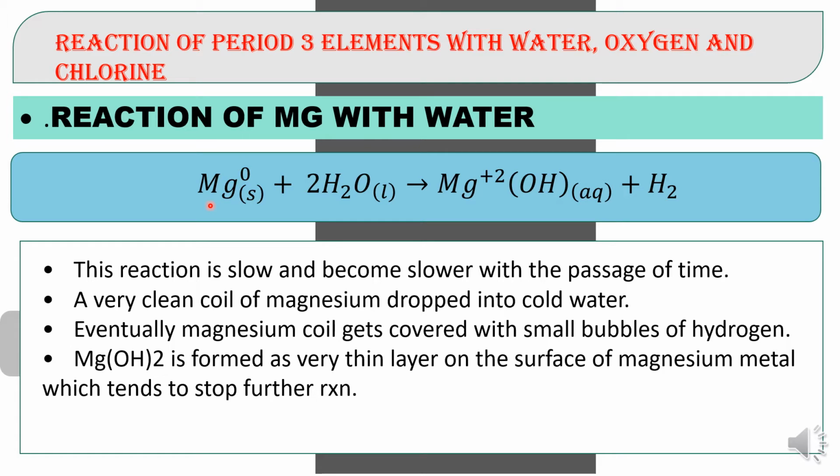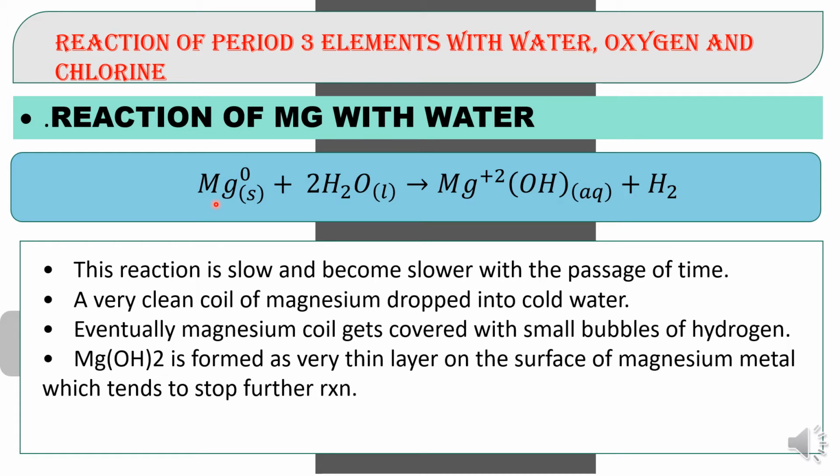As I told you that magnesium metallic character is lower than that of sodium, it means that magnesium loses electron very weakly. Sodium loses electron quickly, and magnesium loses electron from its valence shell very slowly. So this is why magnesium metallic character is low, and magnesium ionization energy is greater.